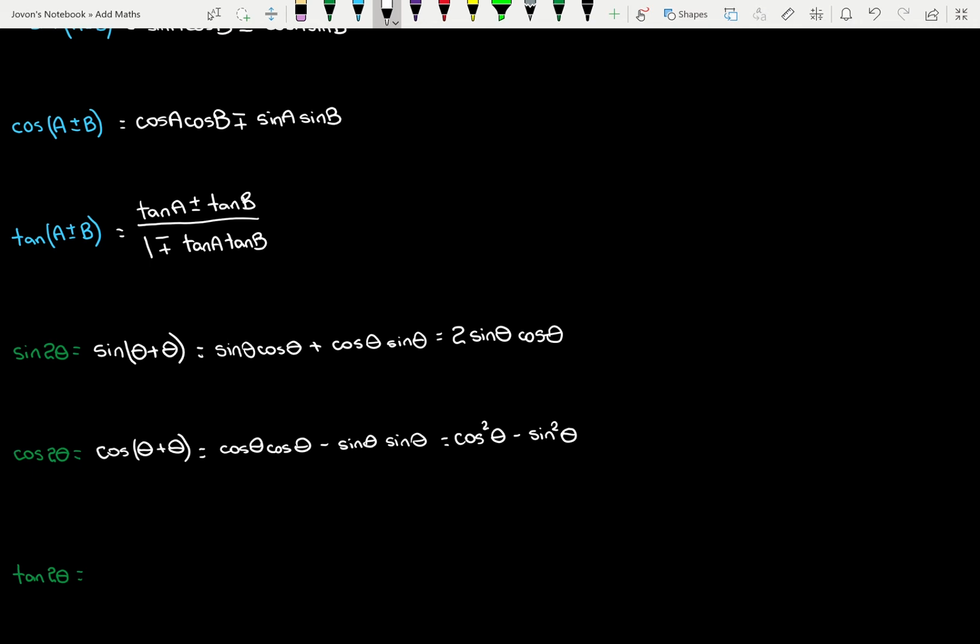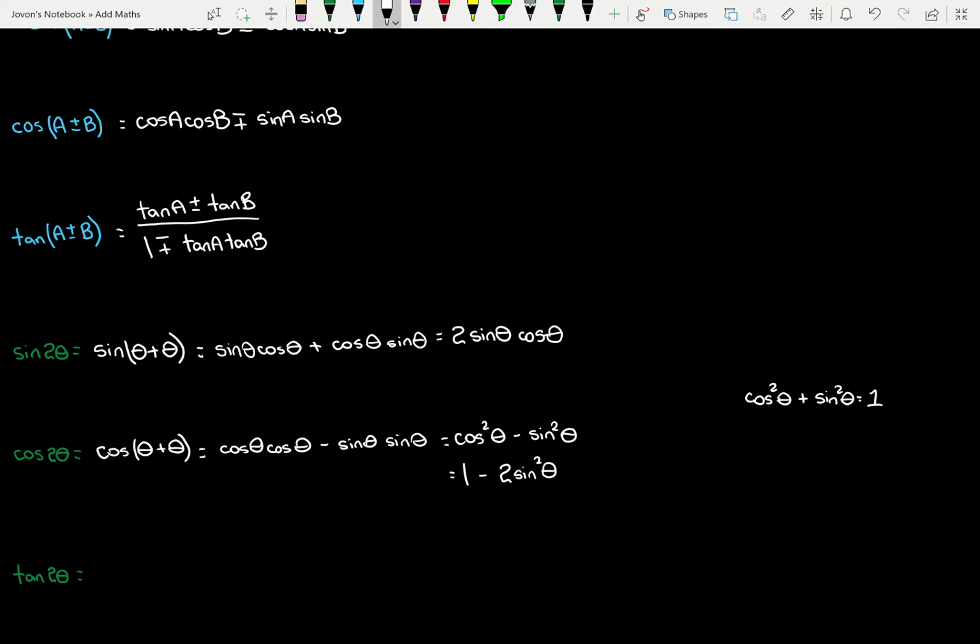Now, there are actually 3 iterations for cosine 2 theta. How do we get these iterations? You don't have to memorize them. Just remember how you get them, and then it's easy to derive. So we know it is equal to cosine squared theta minus sine squared theta. Remember, derived from Pythagoras' theorem, cosine squared theta plus sine squared theta is equal to 1. So we replace cosine squared theta by 1 minus sine squared theta, and this would be the equivalent of 1 minus 2 sine squared theta.